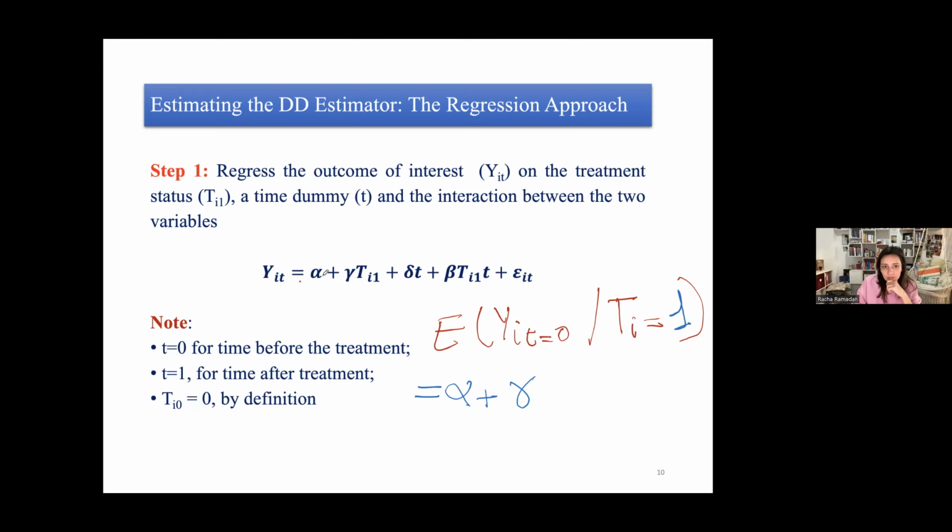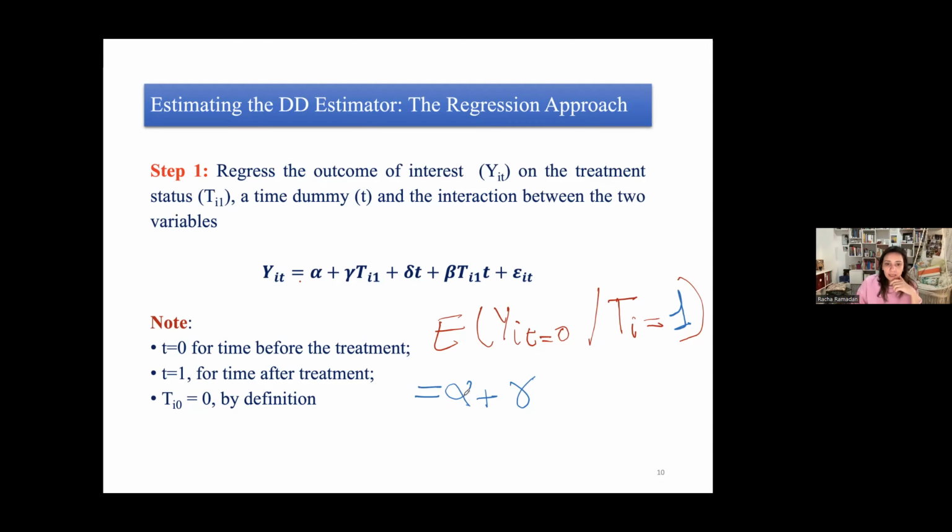So alpha, yes, because alpha is not multiplied by anything. So it will be alpha plus gamma multiplied by T, and we know that T capital at period 1 for this individual is 1 because he is a beneficiary from the program, so it will be plus delta multiplied by t for the period, and we know that the period is 0 because it's the period before the implementation of the program, so this one will be 0.